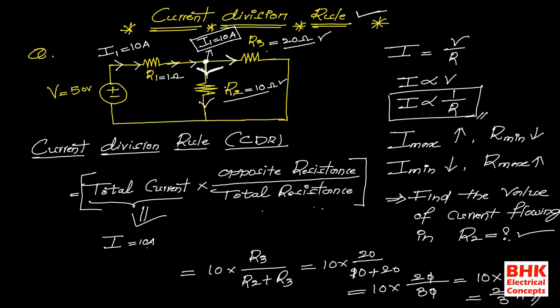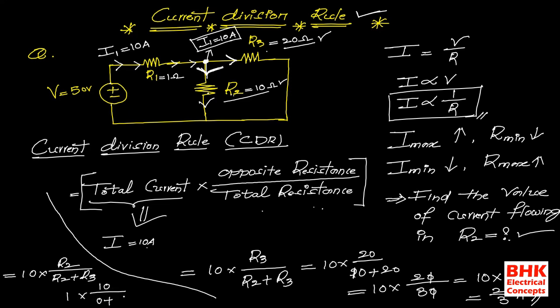Okay, for example, if you are going to find the value of current flowing in R3, then how to use this formula? Current flowing in R3 is equal to total current 10, opposite resistance R2, divided by the addition of R2 and R3, because current is dividing in R2 and R3. That is equal to 10 into R2, which is 10, divided by R2, which is 10, plus R3, which is 20.